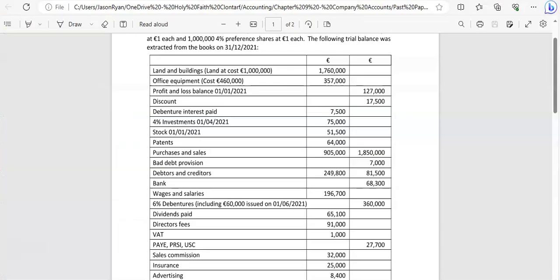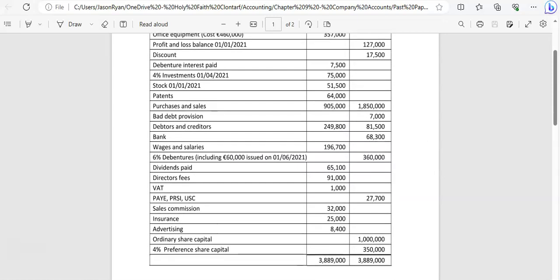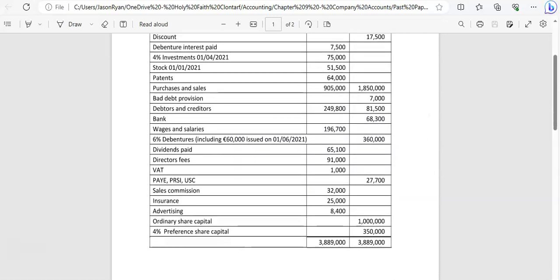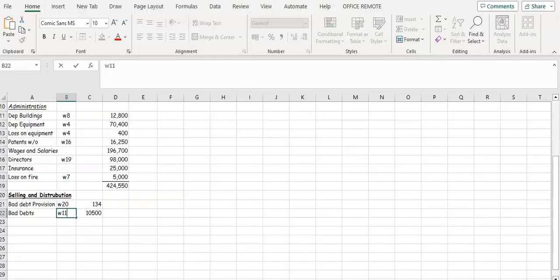So we go back to our trial balance. So debtors, bank, wages, salary, they're all going into wages and salaries. Debtors, balance sheet. Dividend paid, appropriation account. Directors' fees, gone in. VAT, balance sheet. PRSI, balance sheet. Sales commission. So it's an expense, so it's going to go on the debit side.